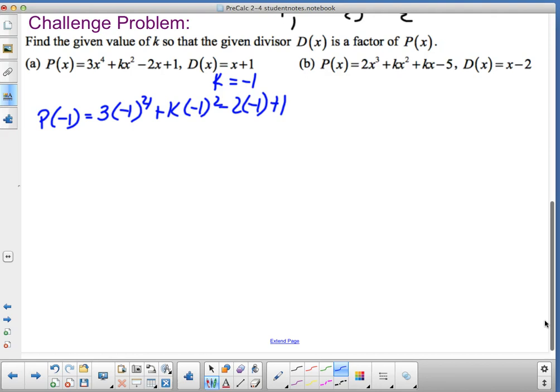What's the value that this should come out to be if it's an actual factor? 0. Does that make sense? So my p of -1 should be 0. So I've got -1 to the 4th power, 3k times -1 to the 2nd power, k, and +2 +1.